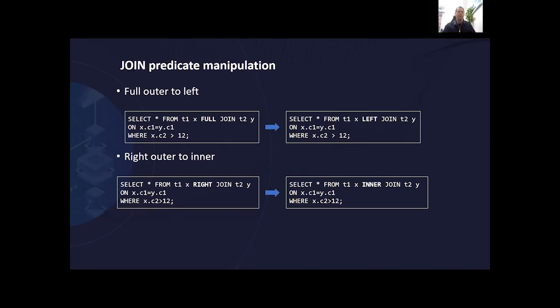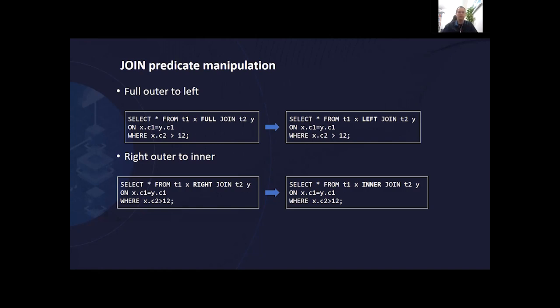For example, here is an example of how a full outer join can be transformed to a left outer join. As you can see on the left-hand side, I have a full outer join, but DB2 can transform it to a left join. And what is the reason? The reason is the where clause, right?